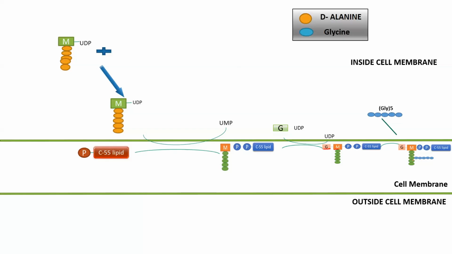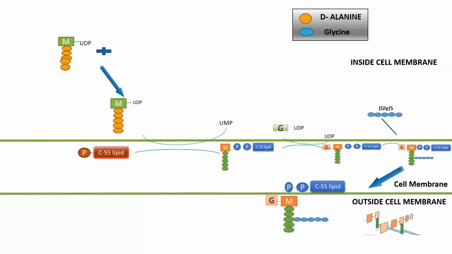This is 1, 2, and third alanine; to the third alanine the glycine pentapeptide gets attached. And when this glycine pentapeptide gets attached to the third position, at the fifth position, the acceptor molecule outside the cell membrane attaches to this molecule.